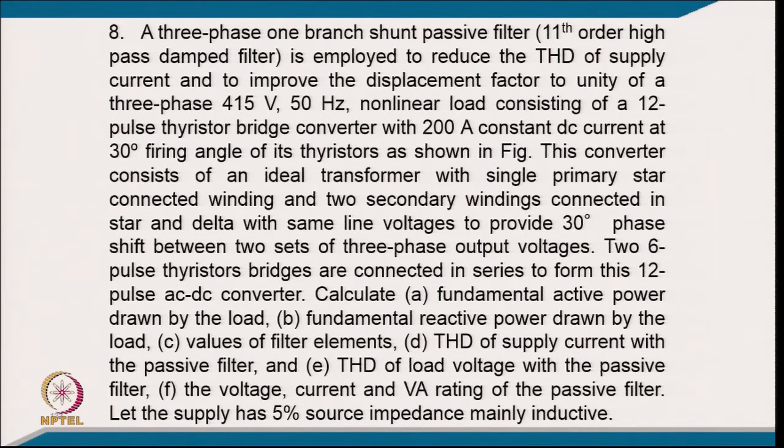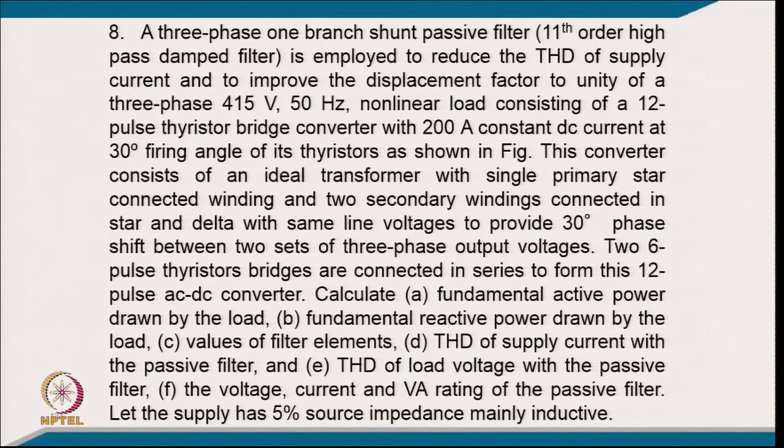The converter consists of an ideal transformer with a single primary star connected winding and 2 secondary windings connected in star and delta with the same line voltage to provide 30° phase shift between the 2 sets of 3 phase output voltage. The 2 six pulse thyristor bridges are connected in series to form this 12 pulse AC/DC converter.